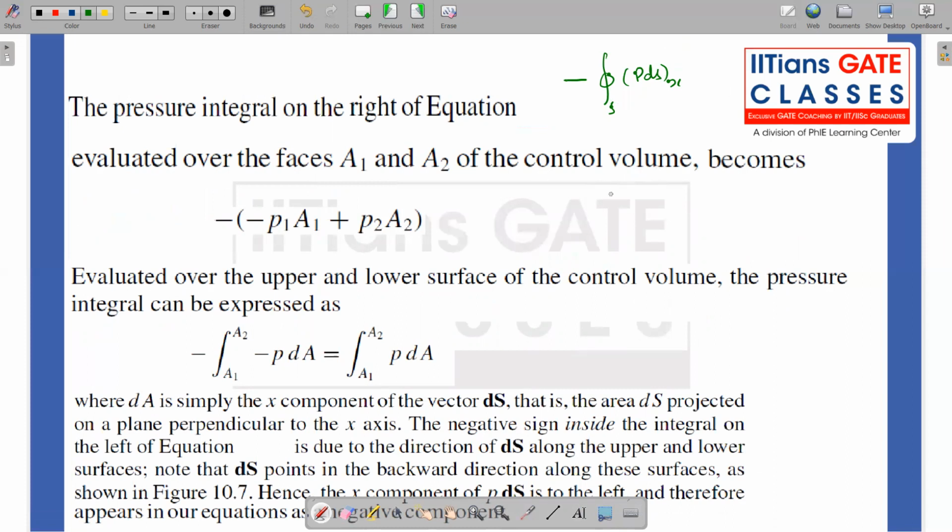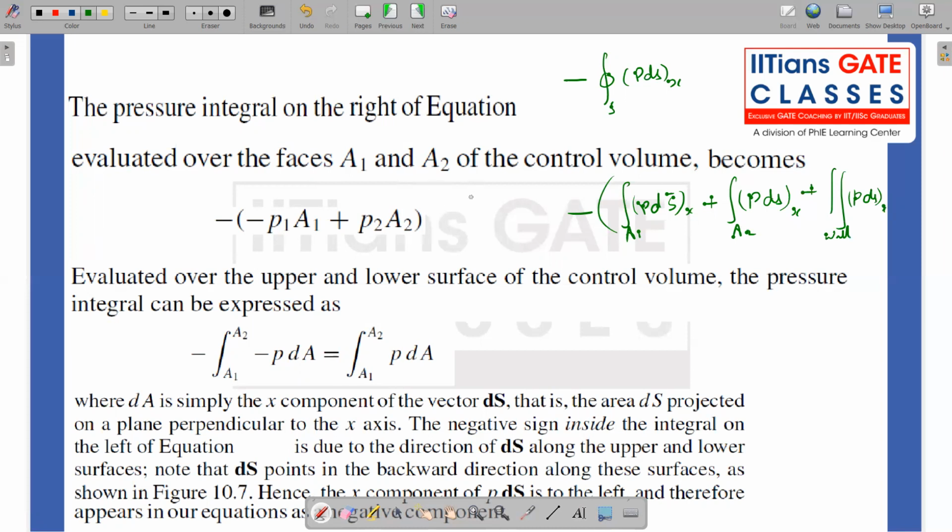So I can write negative of the integral over A1 of p dS in the x direction, plus the integral over A2 of p dS in the x direction, plus the integral along the wall of p dS in the x direction.